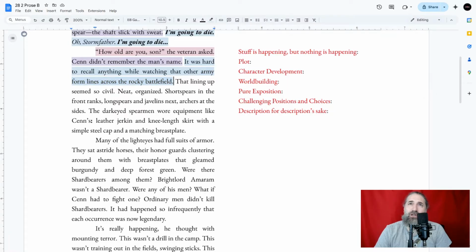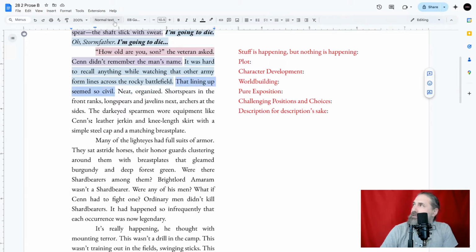But if it was just "the battlefield was rocky and filled with lines of men," that wouldn't be world building. That would be description for description's sake, or pure exposition, because it's not through the POV of a character. But this is, because we know it's Sen's. Now, this is actually Sen's thoughts.